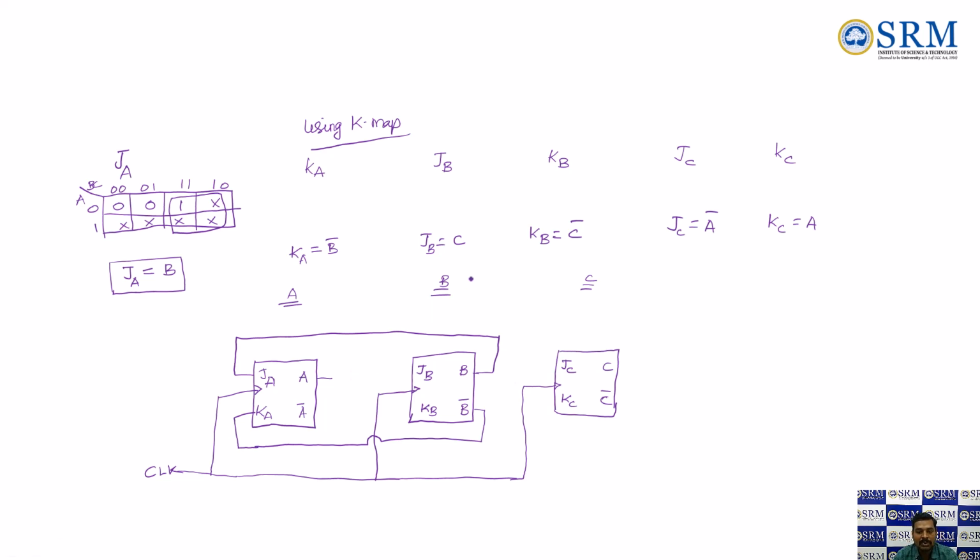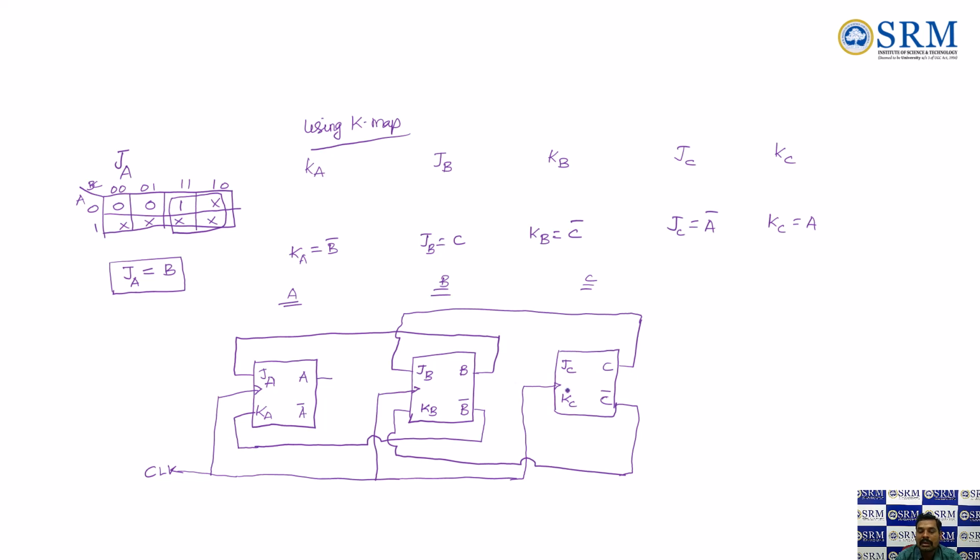Then come to JB as well as KB. JB is equal to C. So for JB, I'm going to connect the output of the third flip-flop, that is C. Right, then KB is equal to C bar. So for KB, another input is C bar.